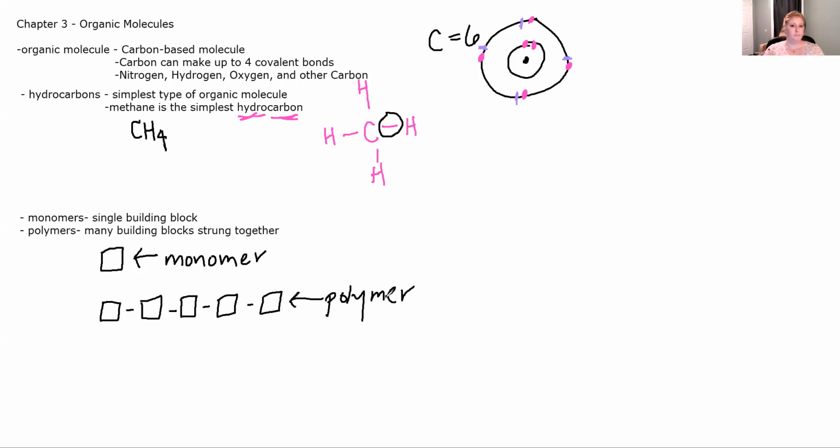Hopefully that made sense, because we're going to talk about a bunch of different types of polymers. But before I do that, we're going to talk about two different reactions that allow monomers and polymers to go back and forth from one form to the other. We know that you can build monomers into polymers, right? I can link a bunch of monomers together, but then I can also break polymers apart, okay?